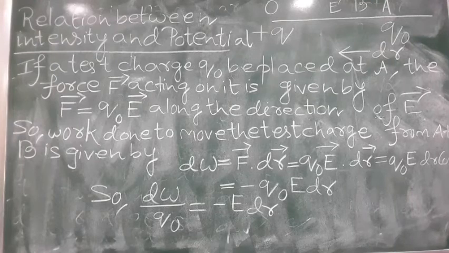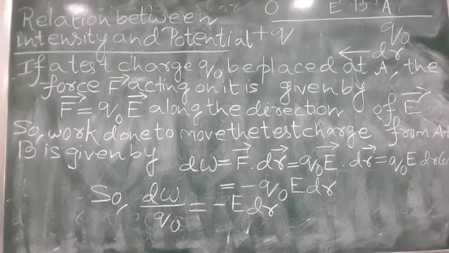equal to Q naught E vector dot dr equals Q naught E dr cos 180 degree. So we are applying the formula of dot product, equal to minus Q naught E dr, because cos 180 degree equals minus 1.